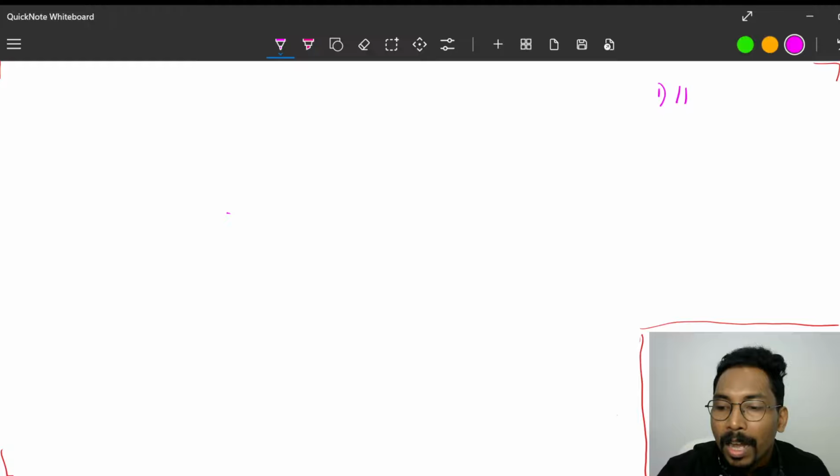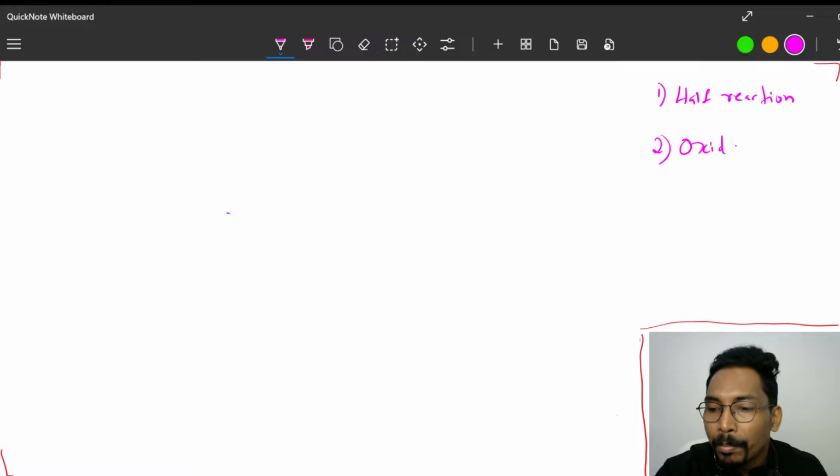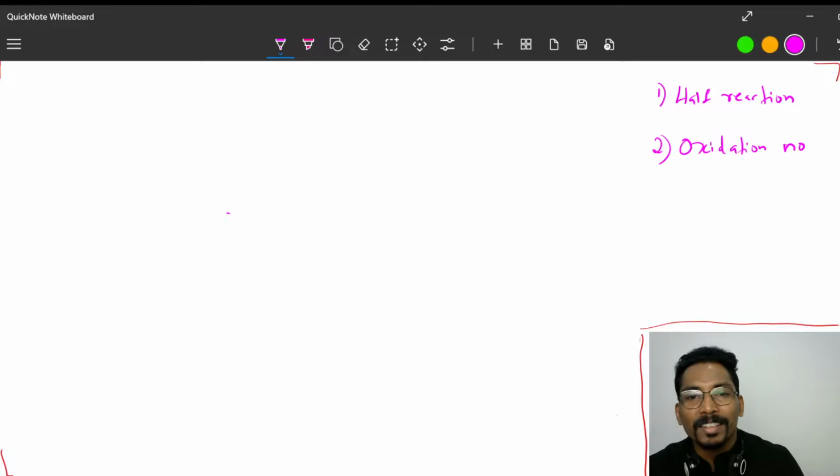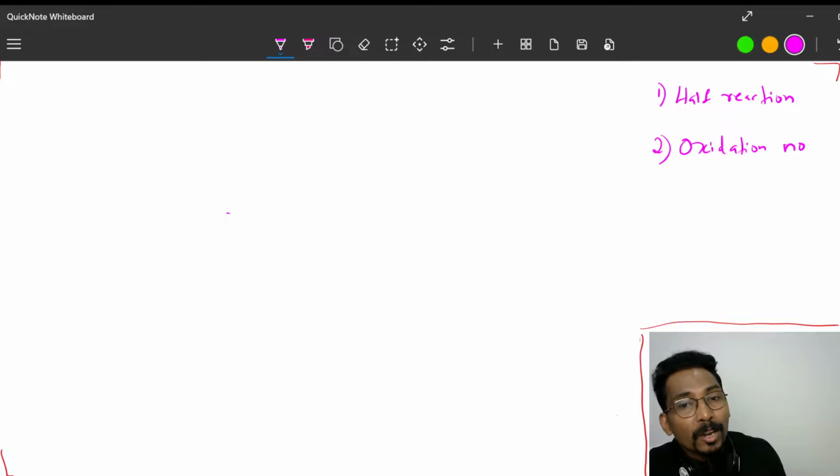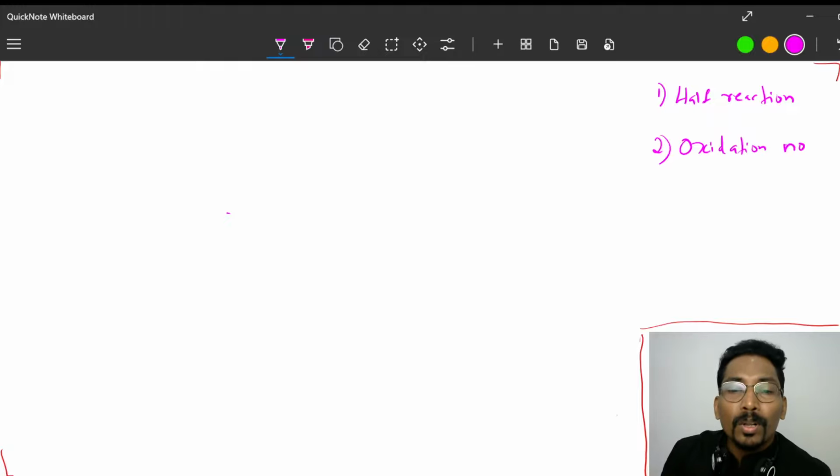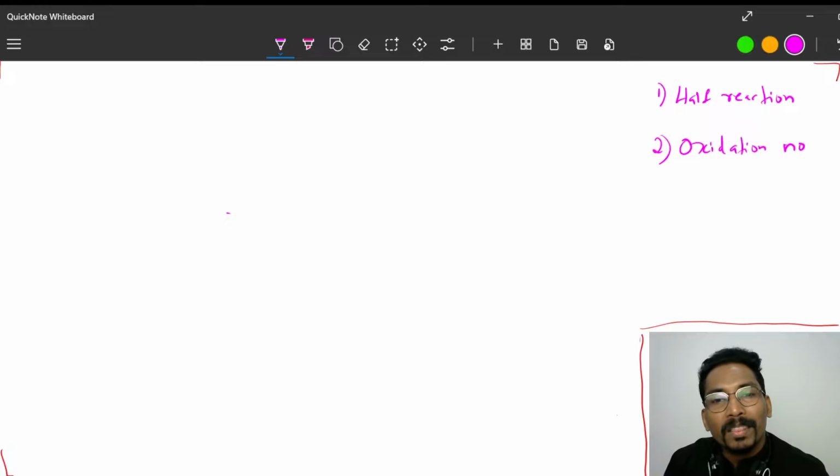One is the half reaction method, and the second one is the oxidation number method. Both are very important. So you can balance a redox reaction by either of these two ways. Clear? So we are going to balance the redox reaction using the half reaction method now.